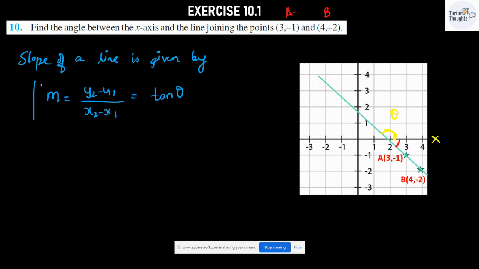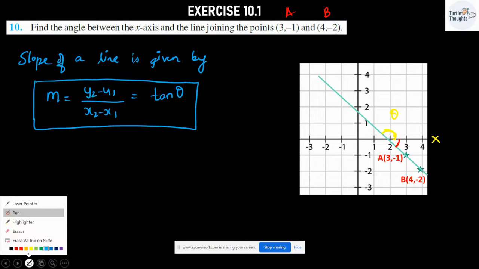Can I tell that? Yes. Now I have to find out my m using y2 minus y1 divided by x2 minus x1. After I get that value, I can equate that with tan theta, and then I can find out the value of theta. Okay, this is what we are doing in this question.